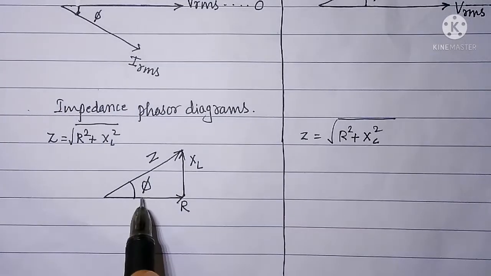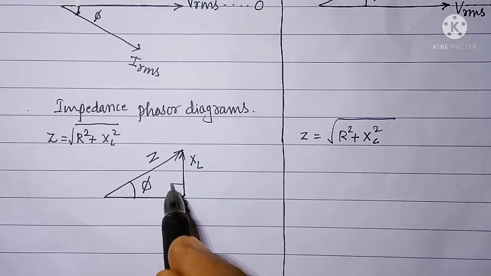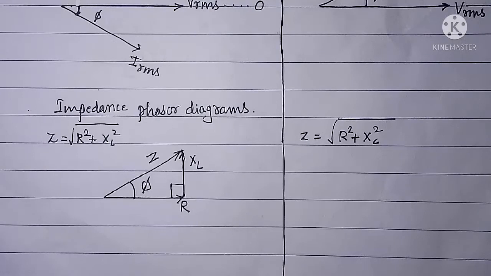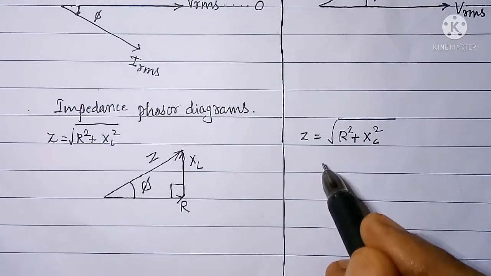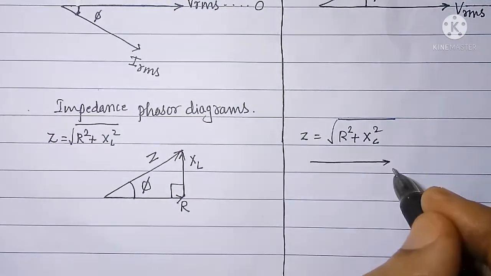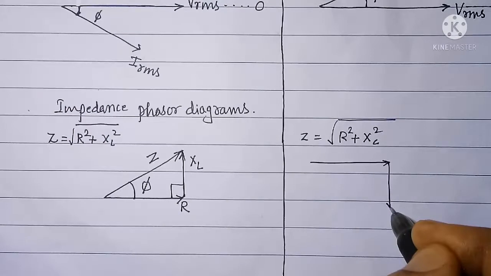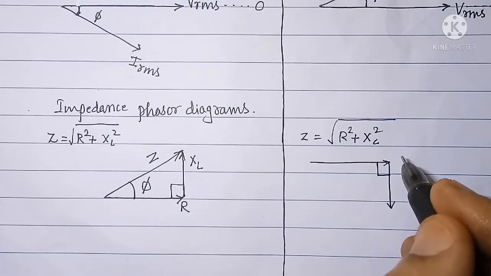R and Z are at phi degrees to each other, and XL is shown at 90 degrees to resistance R. In capacitive circuit, XC is shown at 90 degrees to resistance but below the resistance phasor.